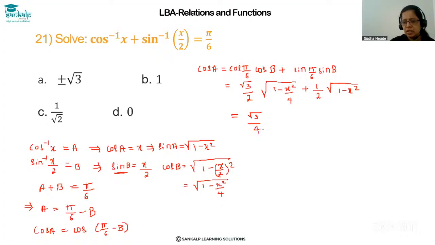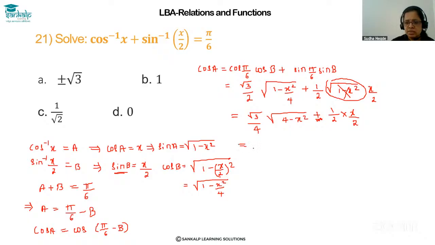So let me take that outside: root 3 by 4 into square root of 4 minus x square, plus 1 by 2 into sin B. Sin B is x by 2, so the substitution should be x by 2.